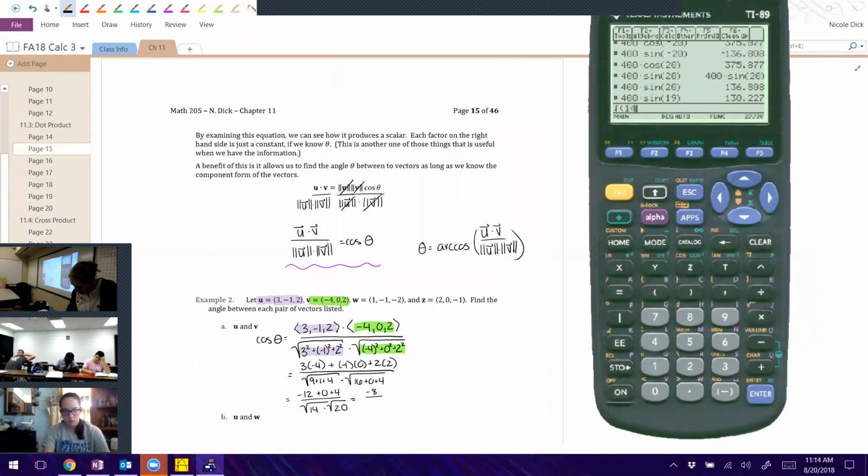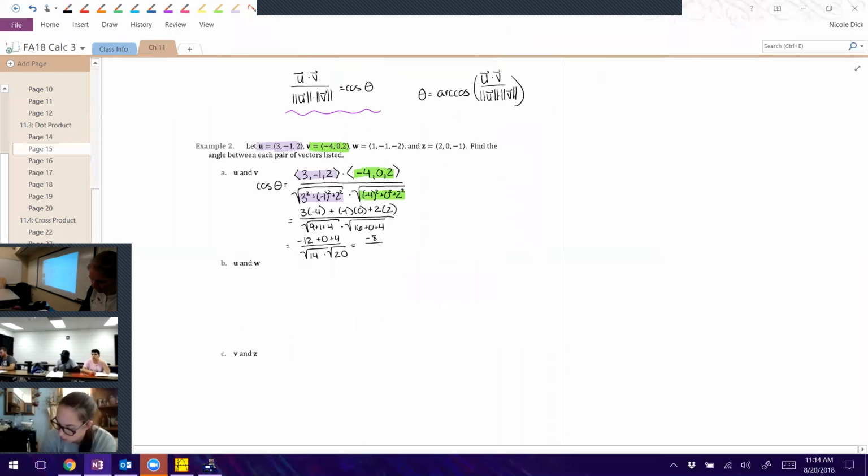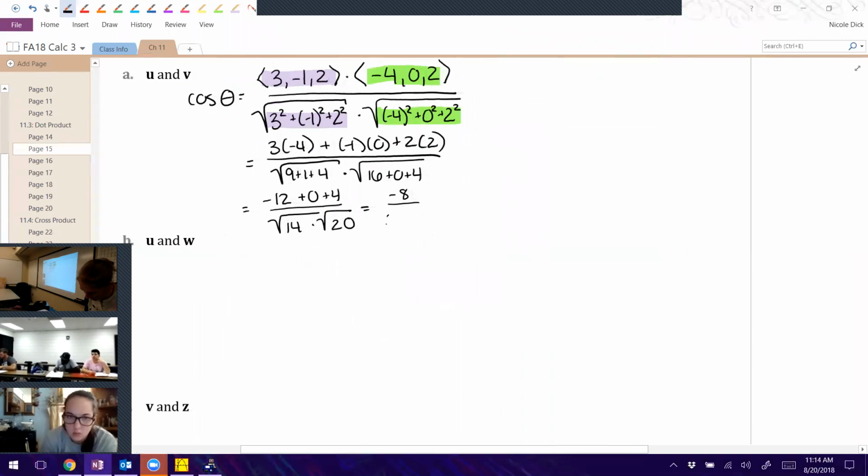It reduces down to 2 root 70, so it didn't really do a whole lot, but 2 times the square root of 70, so we get the denominator. So 8 and 2 are divisible, so we get negative 4 over the square root of 70.